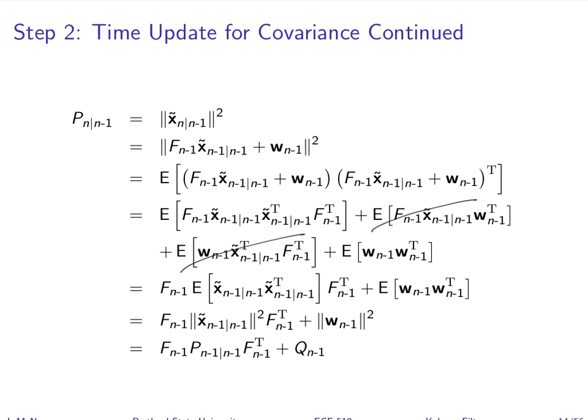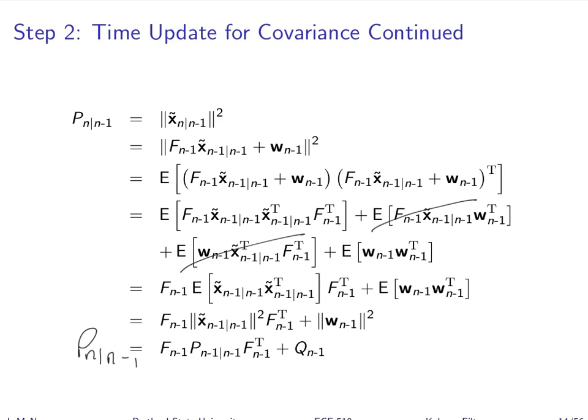So we've arrived at an expression for our predicted state error covariance matrix in terms of things that are known, our process model parameters and the filtered state error covariance matrix that is known from the previous time step. Okay?